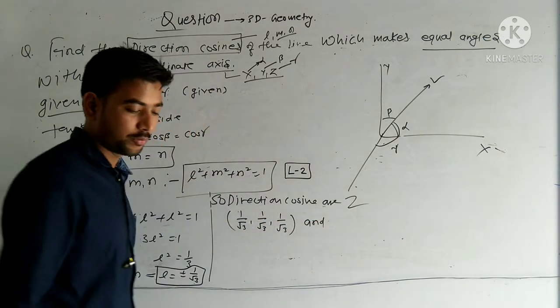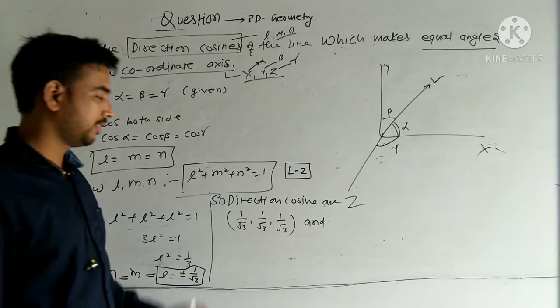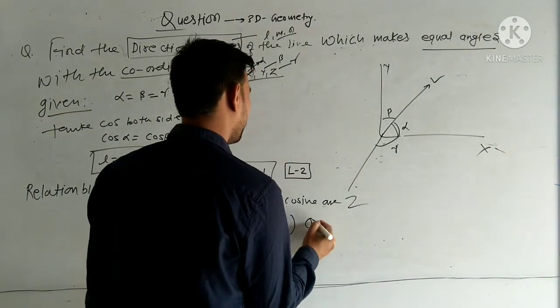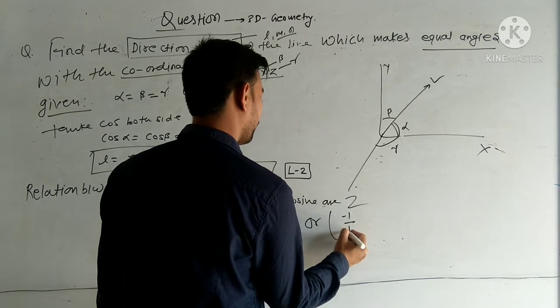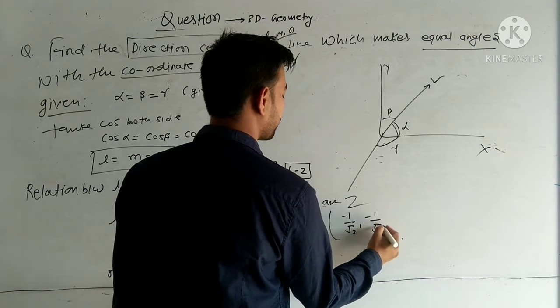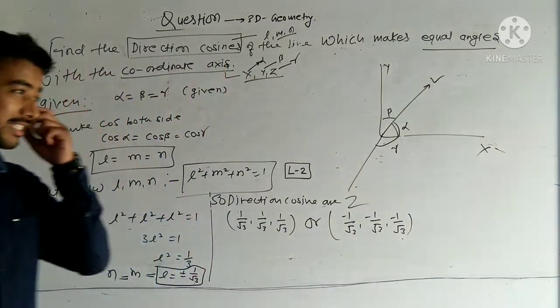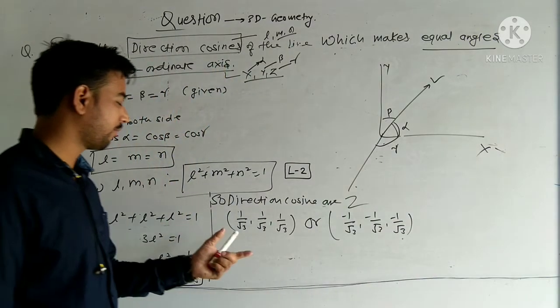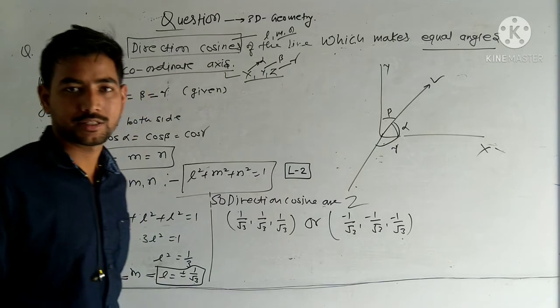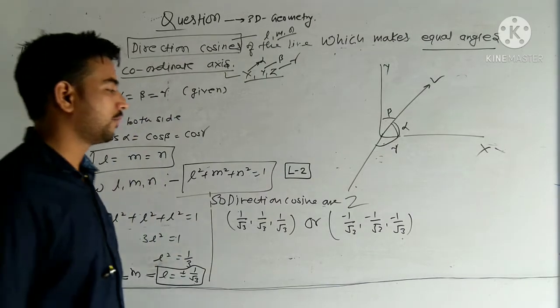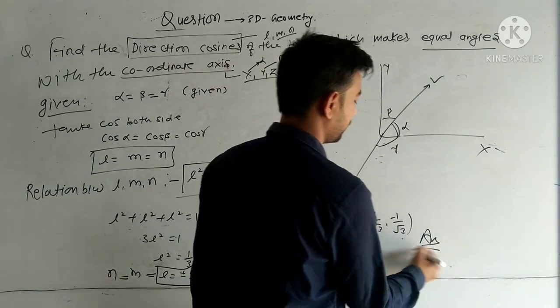And if you take minus, then minus 1 by root 3, minus 1 by root 3, minus 1 by root 3. This one is the direction cosines, this one for plus, this one for minus. So this one is the answer of the question.